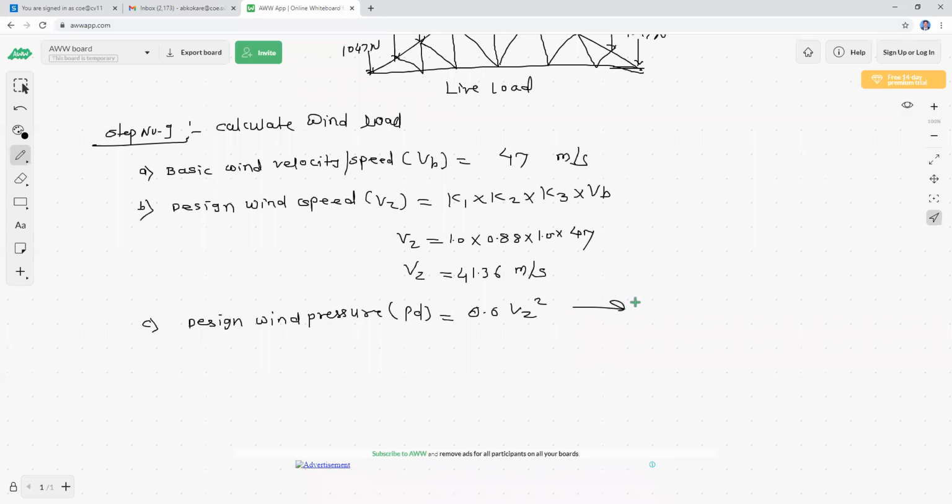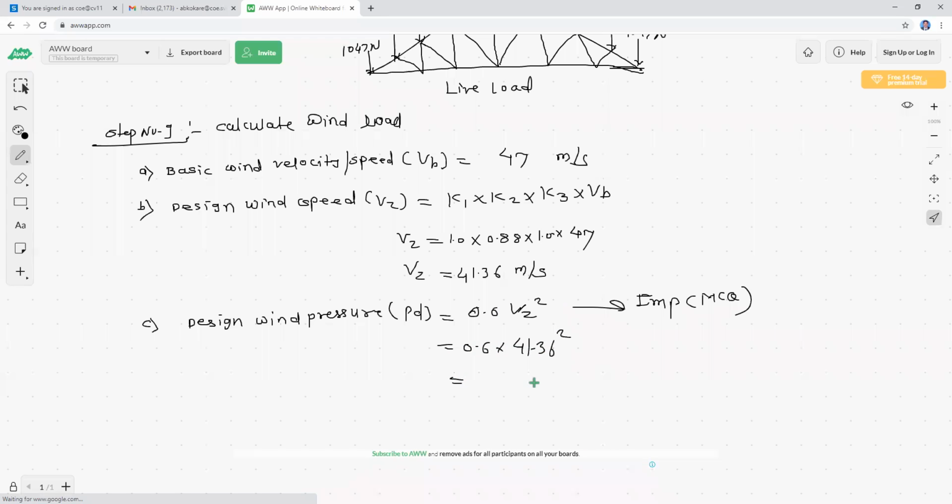This is again very important for MCQ examination. This formula is for MCQ examination. Pd is nothing but design wind pressure, and it is 0.6 Vz square. So 0.6 into Vz, which is 41.36, square.